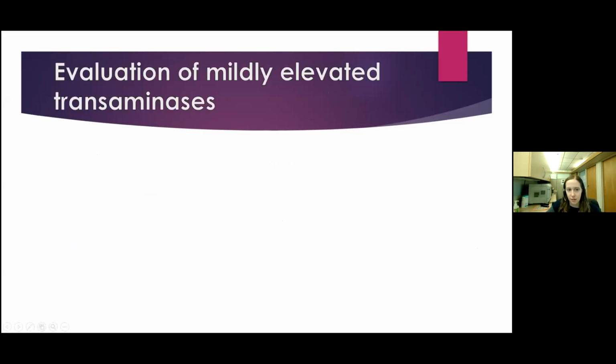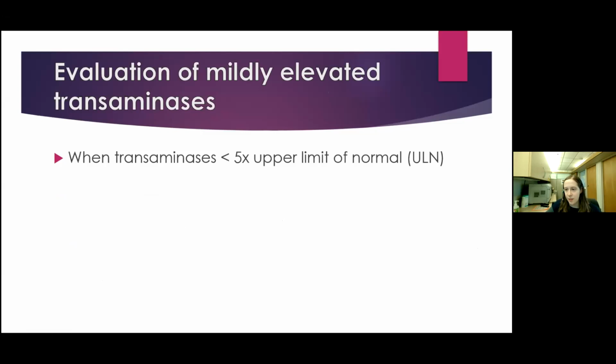I want to frame the conversation a little bit of what we mean when we talk about mild elevations in transaminases. Different authors define this in different ways, but according to the American Gastroenterological Association, this is looking at transaminases less than 5 times the upper limit of normal. Moderate to severe is more in your 10 to 15 times elevation.